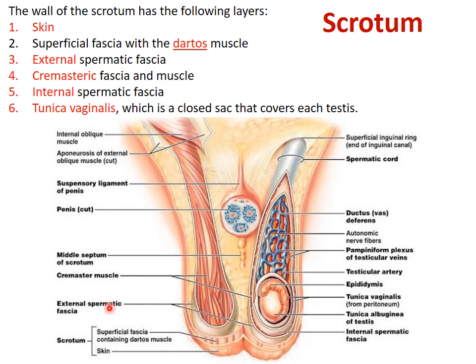Just below the external spermatic fascia, there is a muscular layer called the cremasteric fascia and cremasteric muscle, and this muscle is a continuation of the internal oblique muscle. After the external oblique, which muscle comes? The middle layer, the internal oblique. The internal oblique muscle gives a muscular extension into the scrotum, covering the testis, and that extending muscle fiber is called the cremasteric muscle.